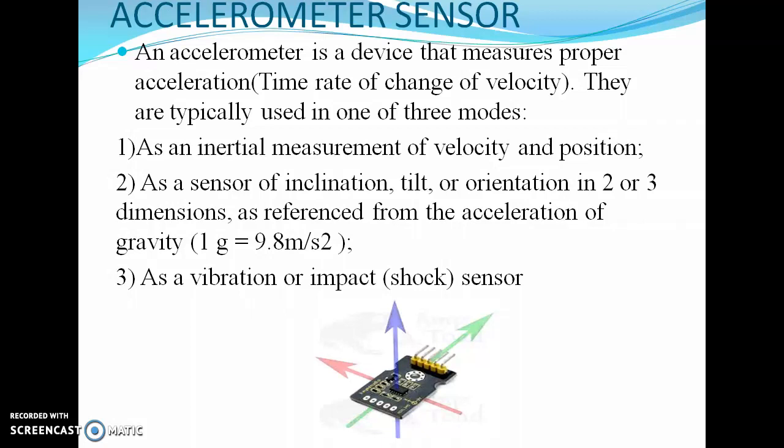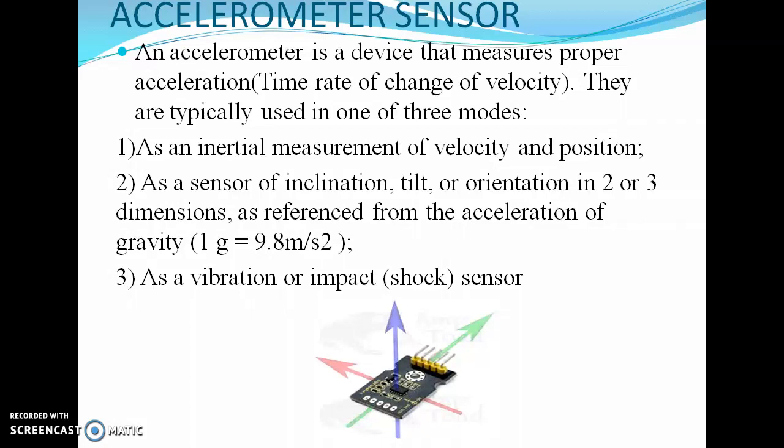So first is as an inertial measurement of velocity and position. Then second is as a sensor of inclination, tilt or orientation in 2 or 3 dimensions as referenced from the acceleration of gravity, that is another use.